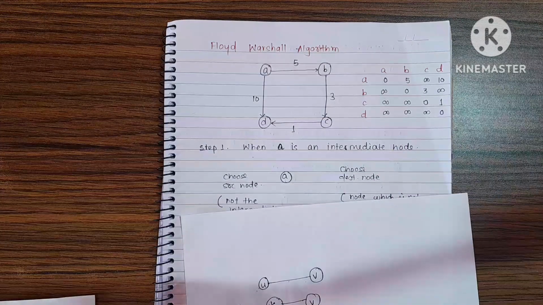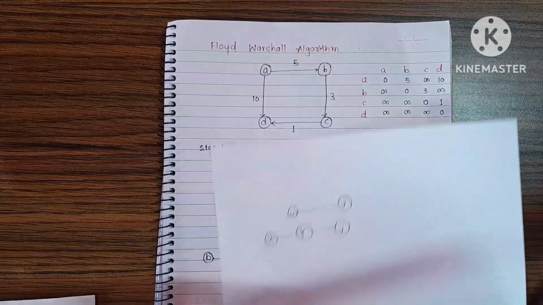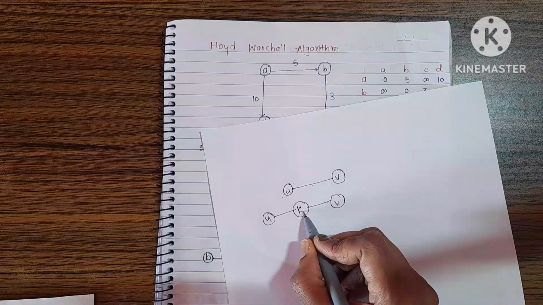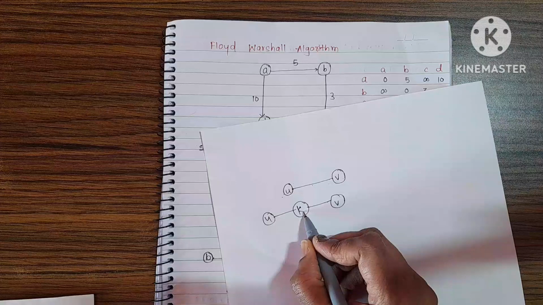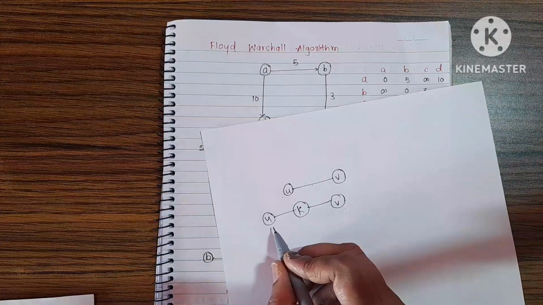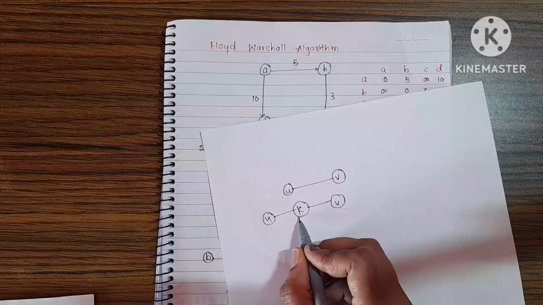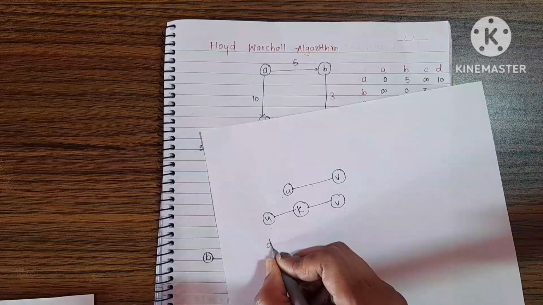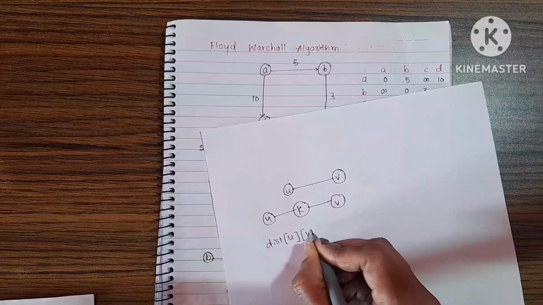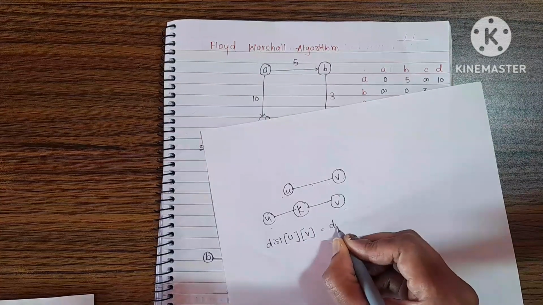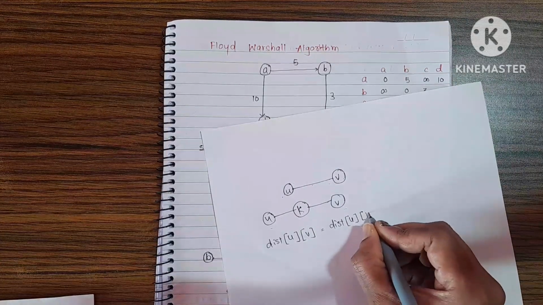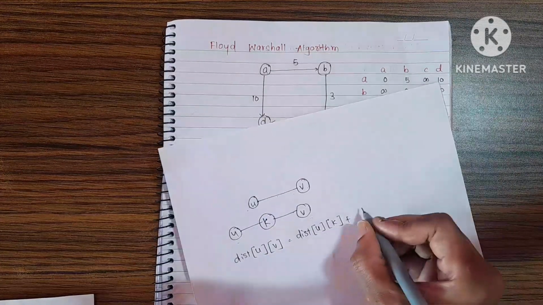So the Floyd Warshall algorithm considers the intermediate node between this U and V. So V is reachable from U via K. In that case, distance UV can be calculated based on distance UK and KV.